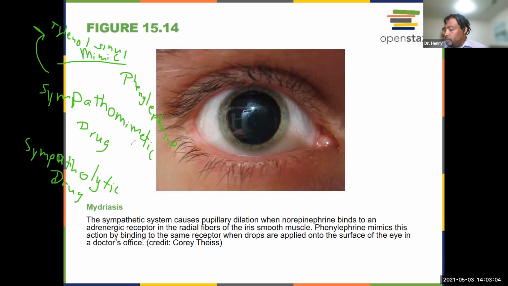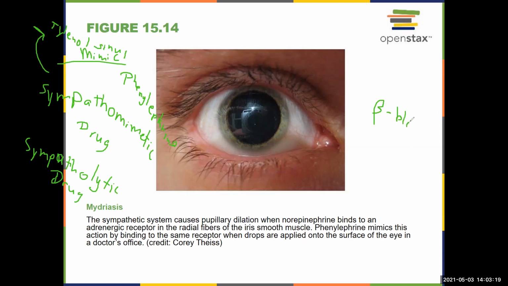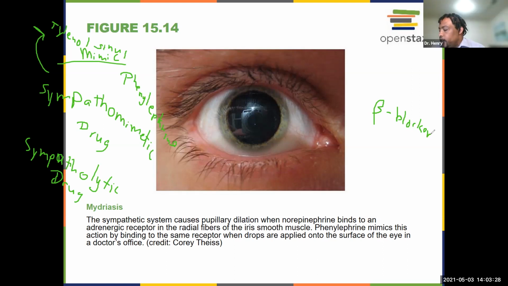Whereas beta blockers. You guys have heard of beta blockers? Do they involve steroids for allergy medications? Beta blockers are often used to treat cardiovascular disease, often with high blood pressure or people prone to heart attacks.